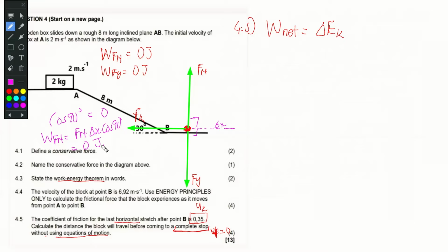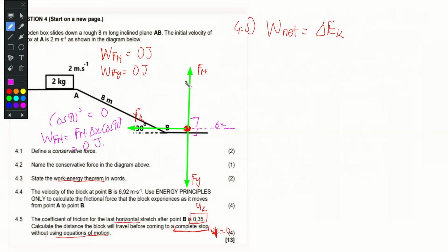So vertical forces on a horizontally moving object cannot do any work. If you have a force that is going vertical, but the object is moving horizontally, then that force cannot do any work on the object, right? So basically, the angle between the force and the displacement should never be equal to 90 degrees.